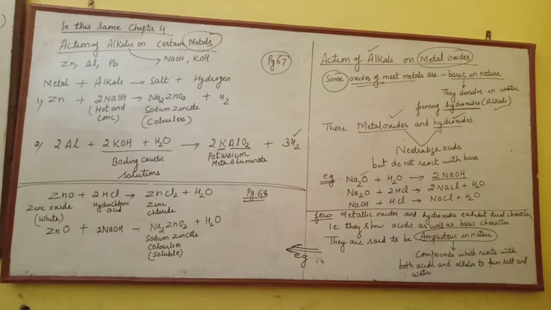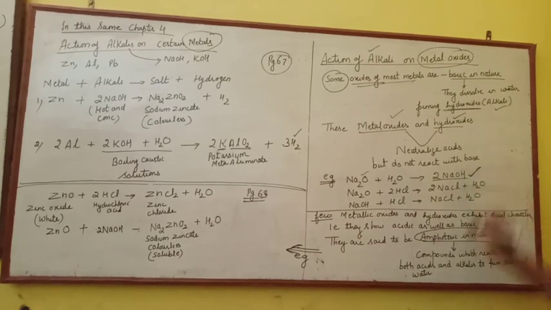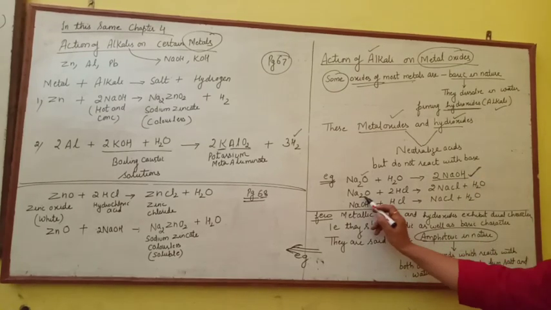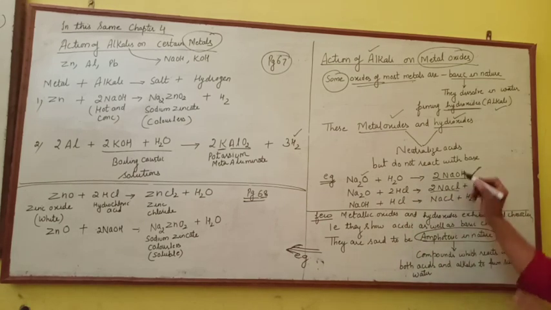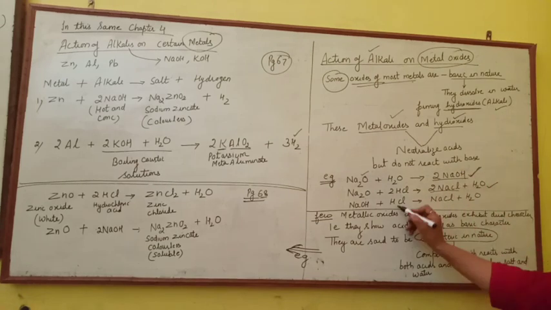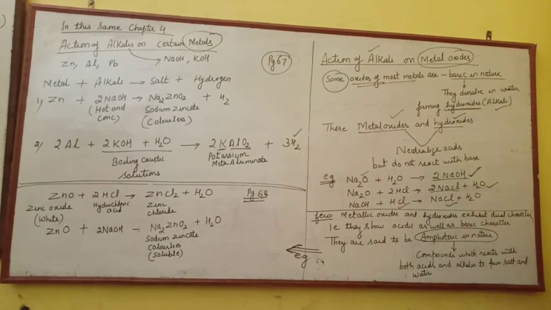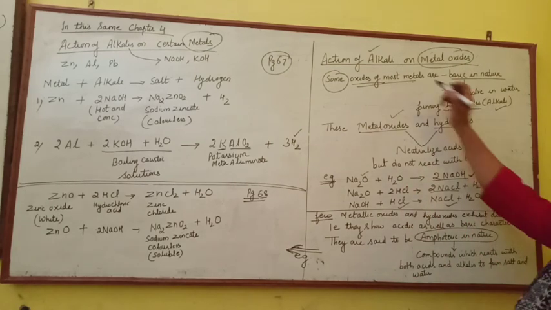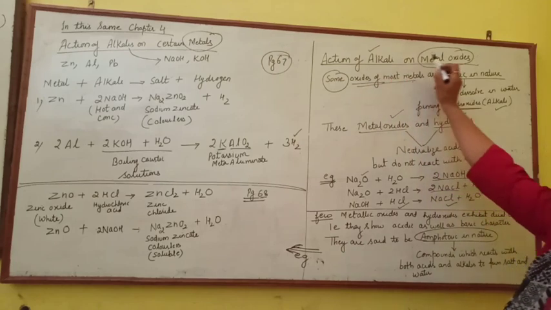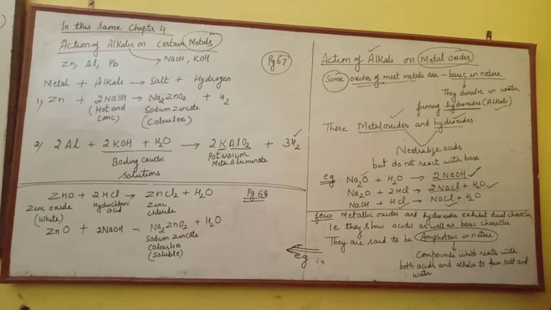When it is dissolved in water, it forms sodium hydroxide, which is also an alkali. Now, sodium oxide, when it reacts with acid, forms salt and water. And when this sodium hydroxide reacts with acid, that is hydrochloric acid, again it forms salt and water. So I have given the example of alkali reacting with metal oxides.